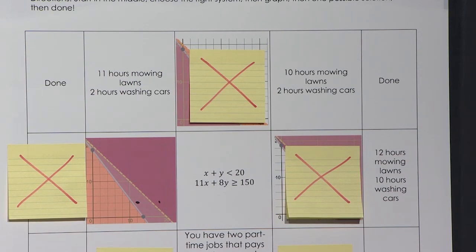Is that a reasonable solution for this real-world situation? If you said yes, you are correct. It does fall within the double shaded region, so you know that it is going to be above. You will earn more than the $150 you wanted for the week, but you are also working less than the 20 hours per week you wanted to work, so that you would be able to study. Very good job.